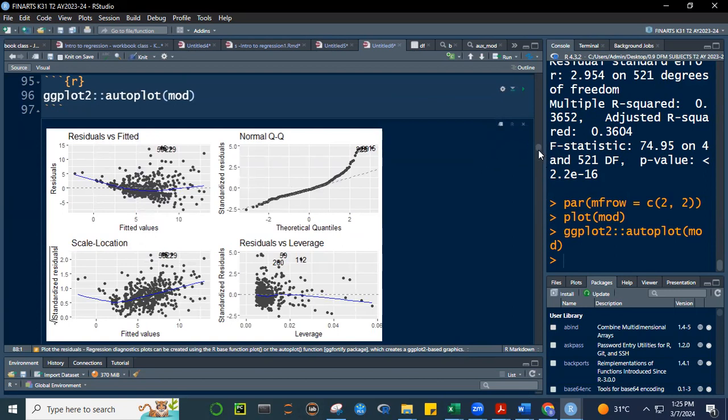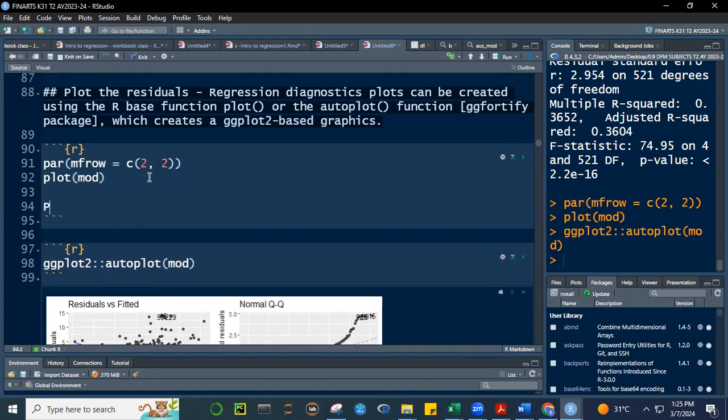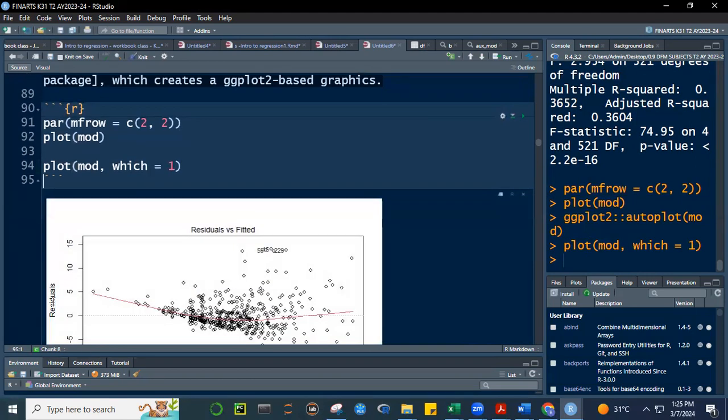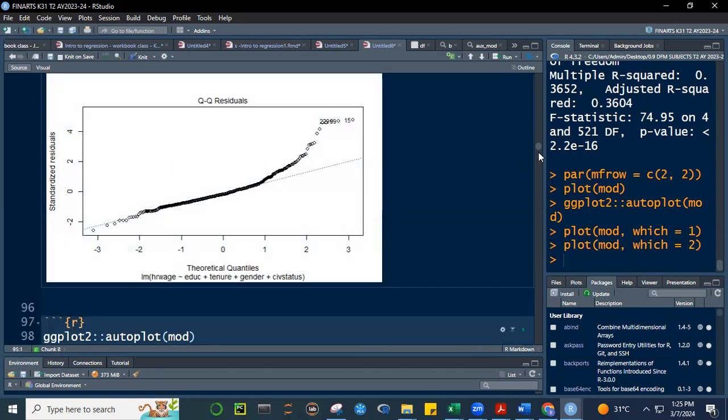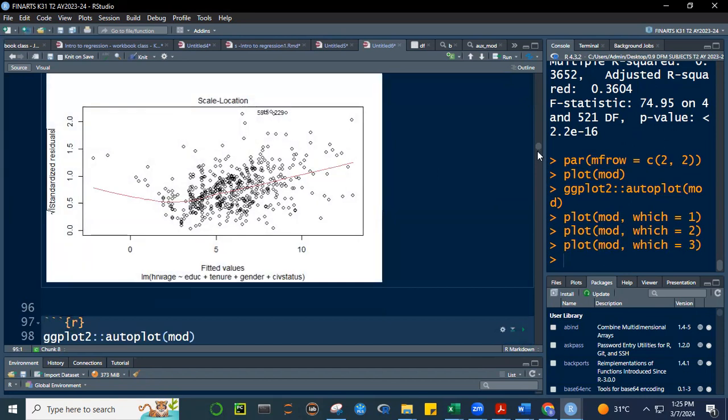Actually, we learned before that this has how many plots? If I write plot of mod with which equal to 1, let's just review this quickly. This is the first plot, residuals versus fitted. The next one, number 2, is your QQ plot. The third one, 3, is your scale location.